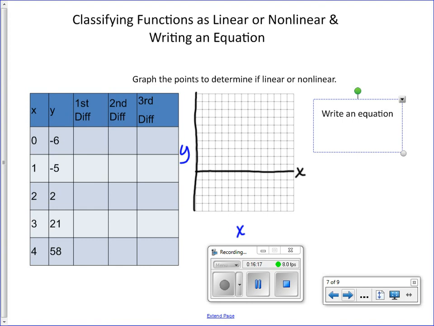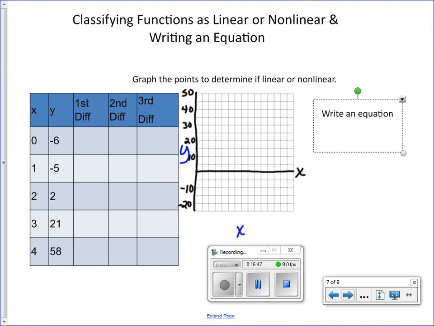And to get from negative 6 up to 58, I think I'll go by tens up here. So this would be 10, 20, 30, 40, 50, and negative 10, negative 20 here.